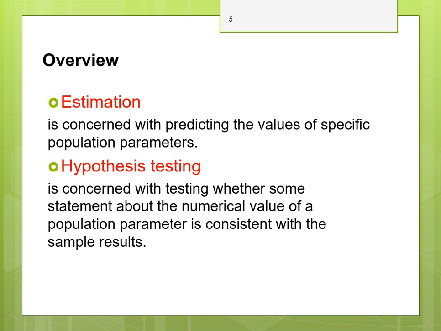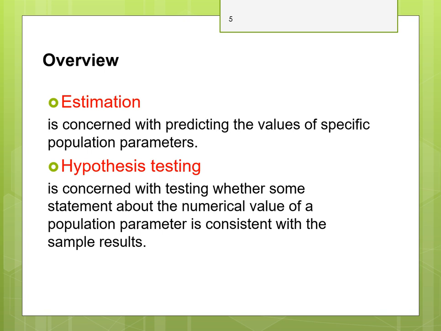For example, we don't know the mean or the average of the population because we cannot measure the individuals in the population one by one. So we cannot know the parameters of the population.